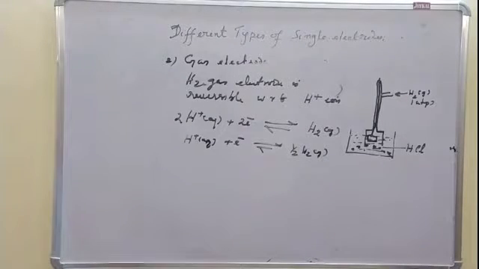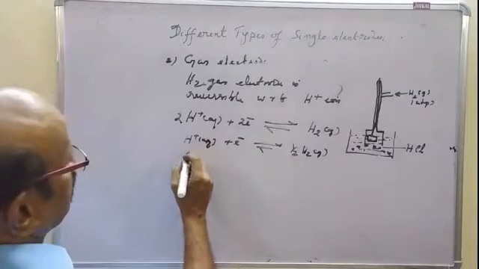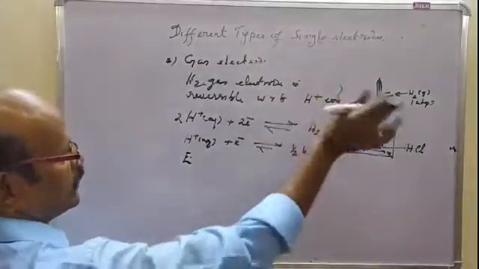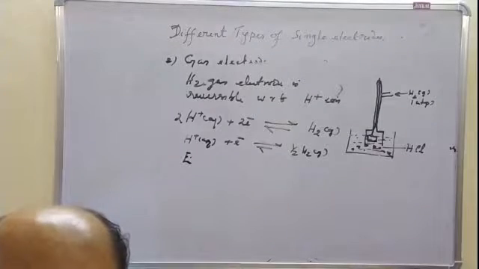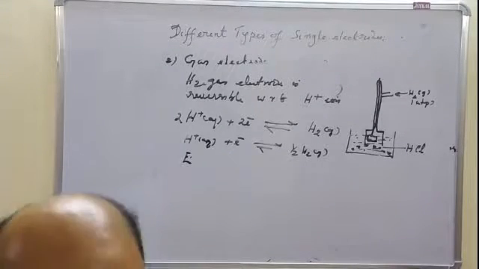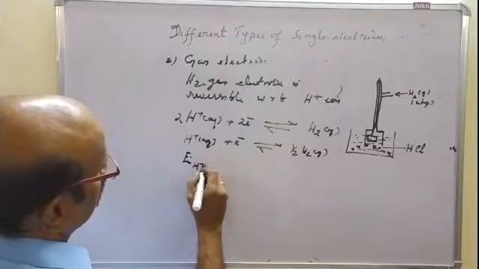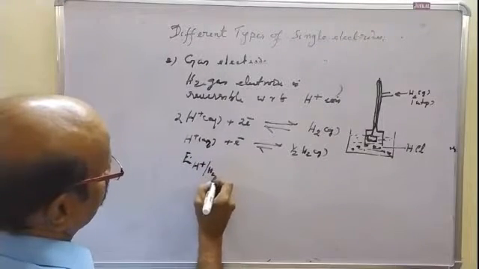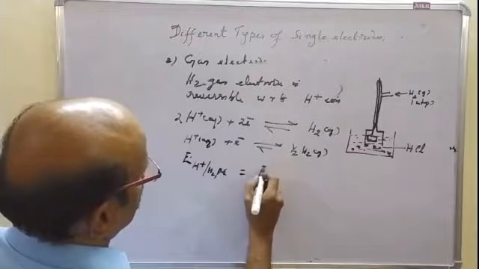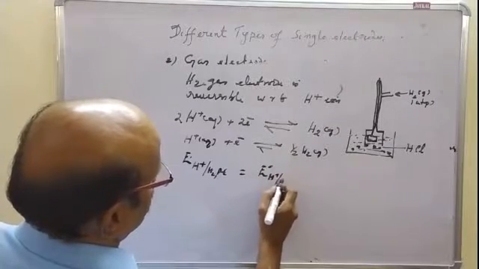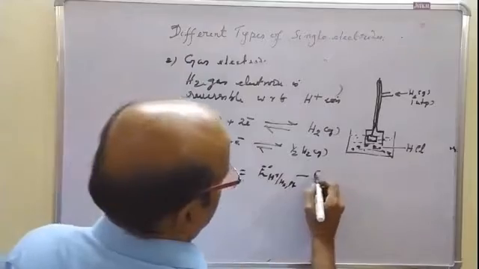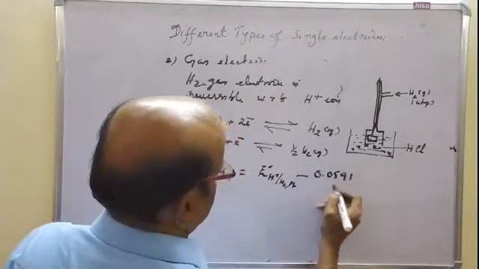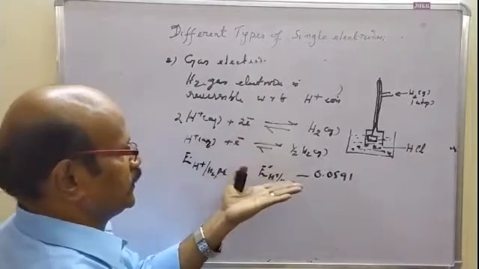So that is why it is called SHE, I explained, and what the potential is, that I also explained. The Nernst equation: if the concentration is other than 1 molar, then E of H plus bar H2 platinum is equal to E0 of H plus bar H2 platinum minus 0.0591 by n, where n is 1 or 2, whatever may be the case.